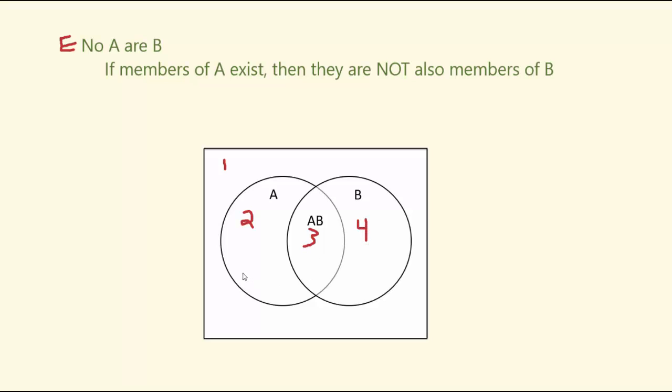They're excluded from one another. Well, area 3 is the area in which A and B are not excluded from one another, and that violates what no A are B says. So in order to visually represent what no A are B says, we have to get rid of area 3. We have to shade it out.